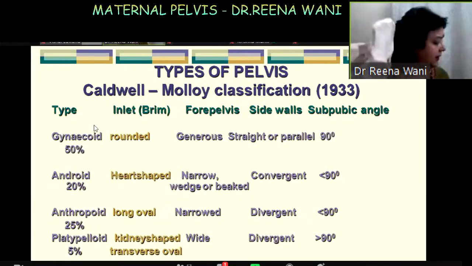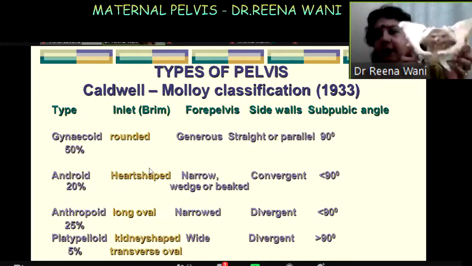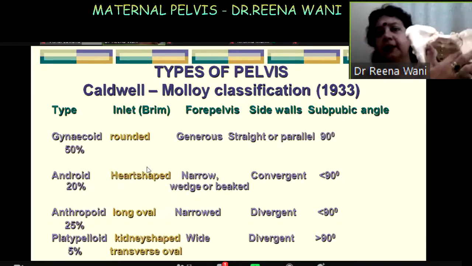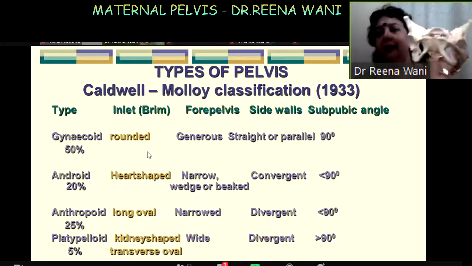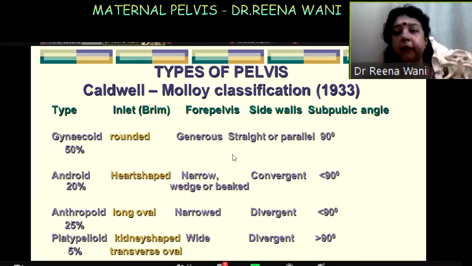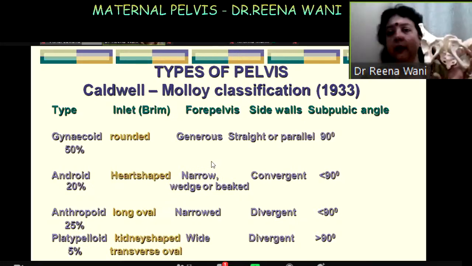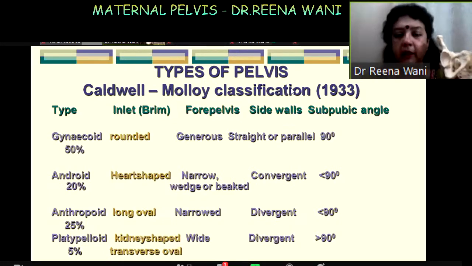What I have in my hand is an articulated bony pelvis. When I'm talking about the inlet, this is the pelvic inlet. These are the side walls. The subpubic angle is this part. Here you must remember that a subpubic angle of 90 degrees or more is compatible with a normal pelvis.